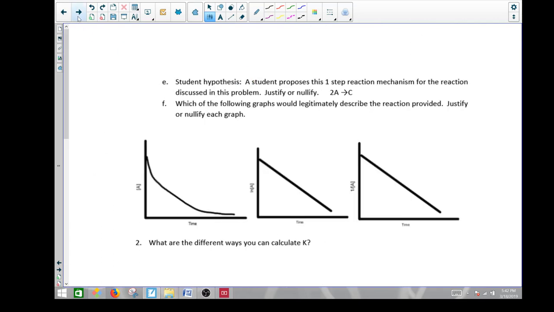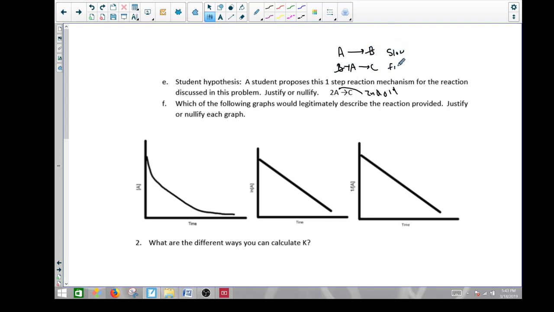Okay. So if this is it, then this thing should be second order overall. And therefore, we would probably want to have two steps where maybe A goes to B, and then B plus A goes to C. B would cancel. This would be considered the slow step.